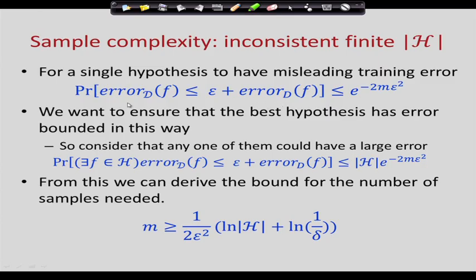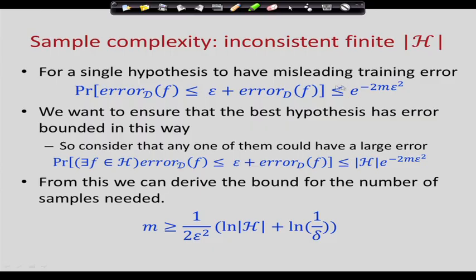So, we want the probability that the true error is less than or equal to the sample error plus epsilon. We have earlier seen that normally the true error will be greater than or equal to the sample error, and we want that the true error is not so much different from the sample error, that is, true error is less than or equal to epsilon plus sample error for a given epsilon.